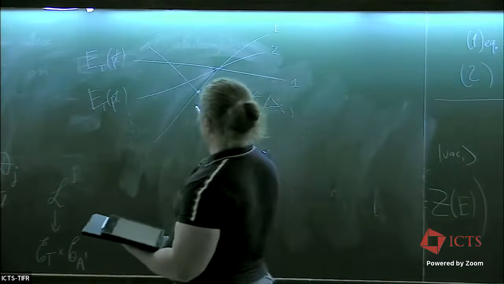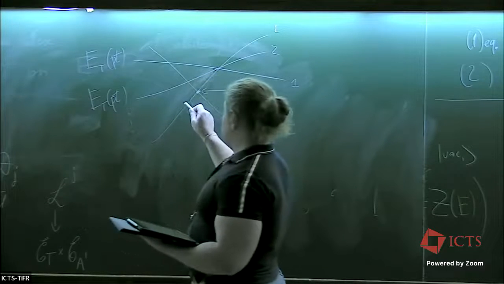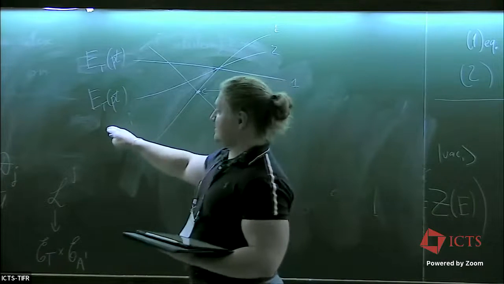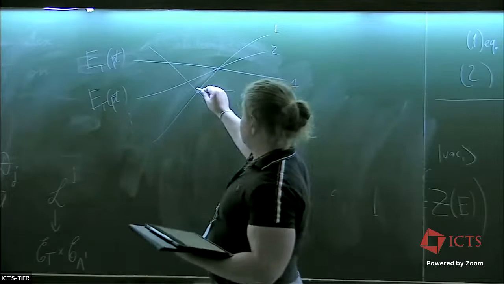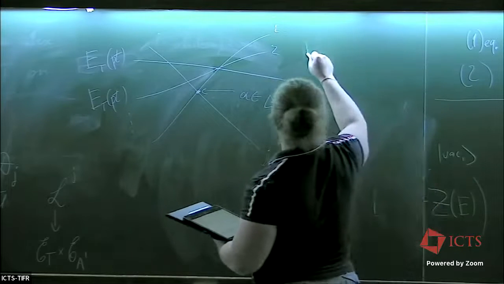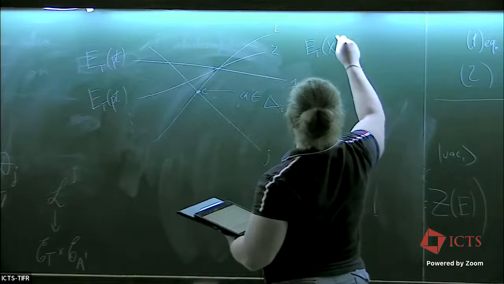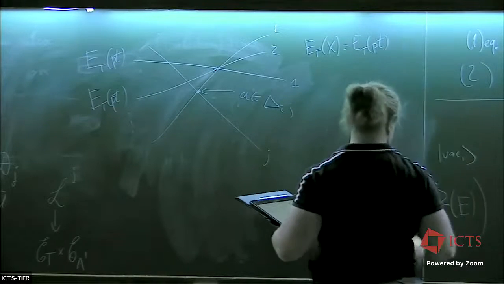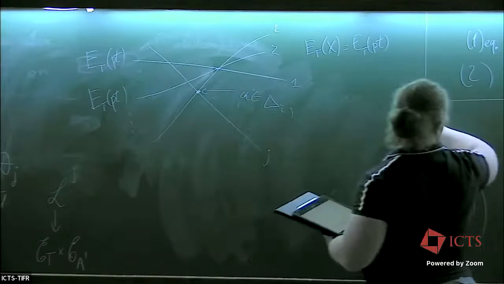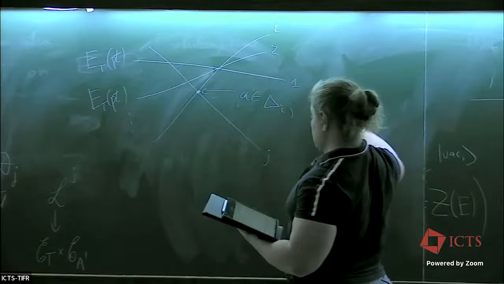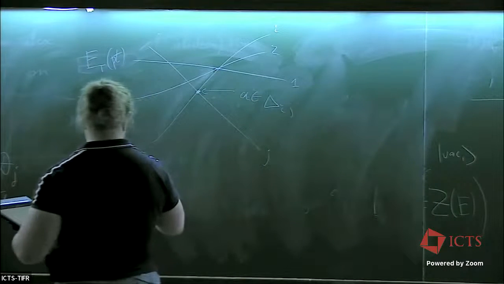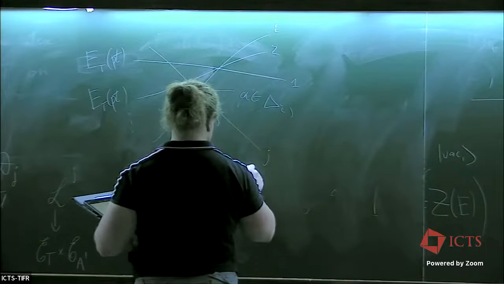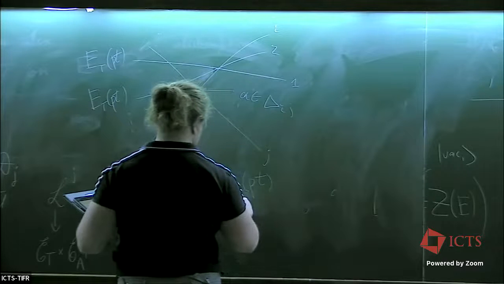And the reason I show them as intersections is because I'm actually going to identify these different copies of ET of a point at such loci. So what I'm going to do is define the space ET of X as a union of all these ET of a point.